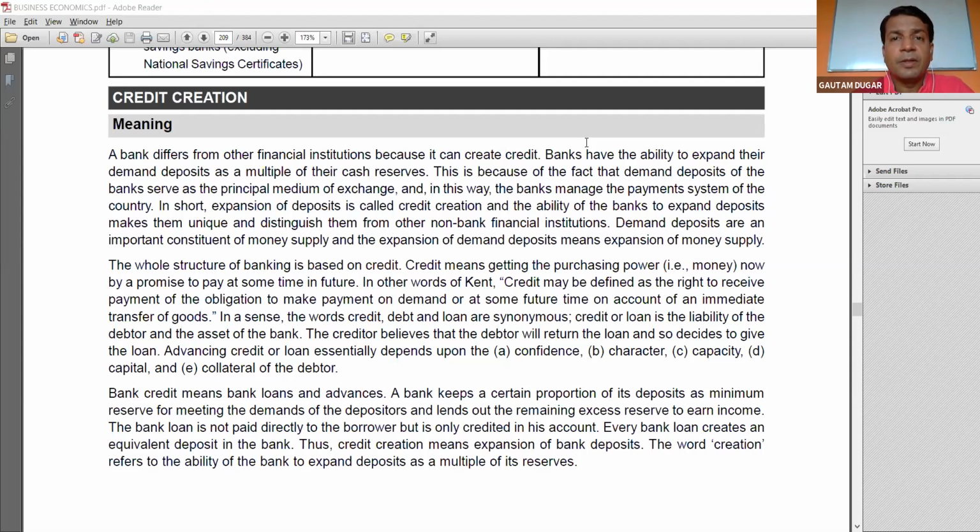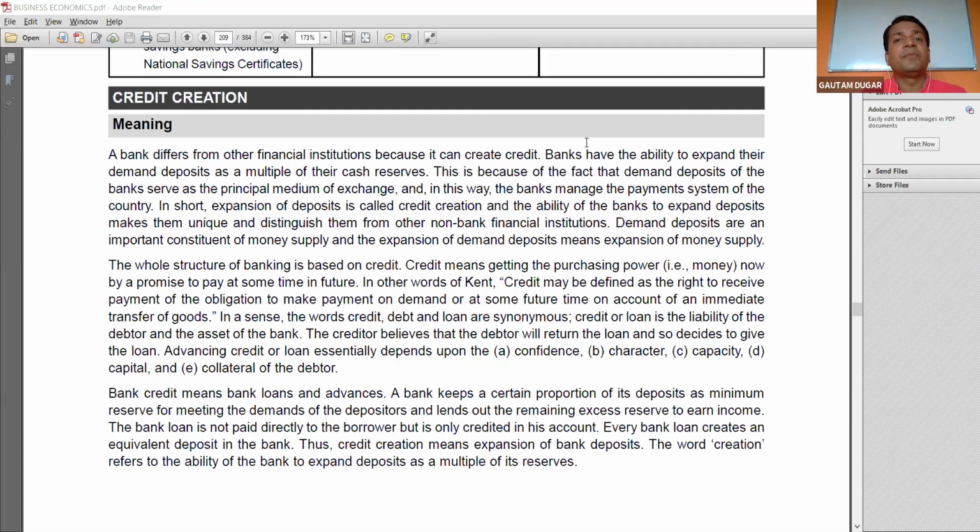That means the credit creation amount will go down. That is, the amount of credit creation will become only 5 times. Why? Because the reserve ratio is 20%, that is 1 by 5. Reciprocal of that is 5 times. That means if the reserve ratio is increased, the amount of credit created will come down.